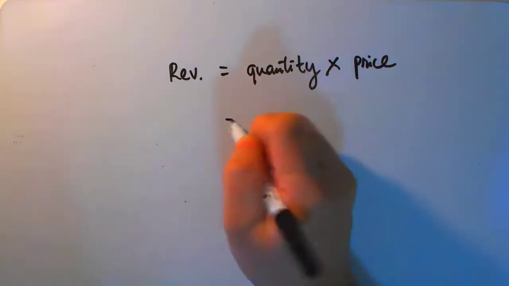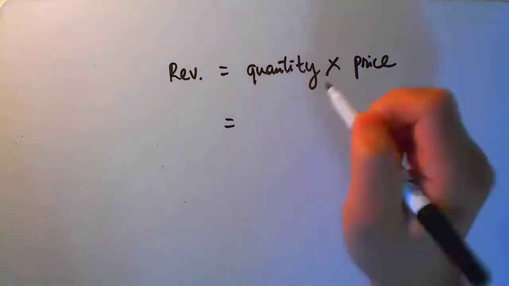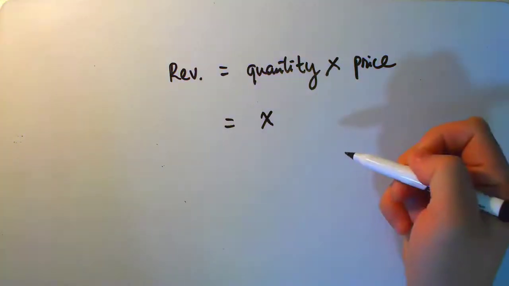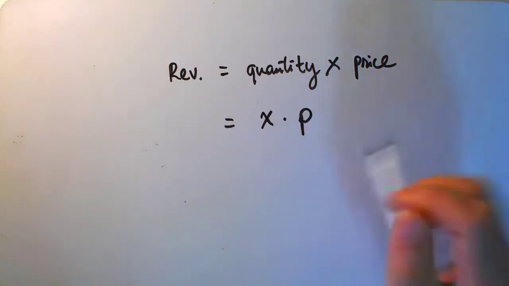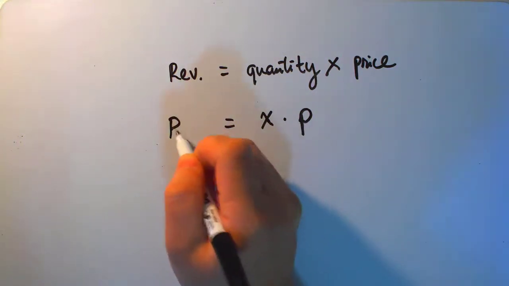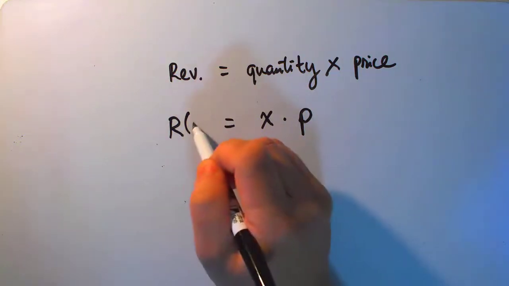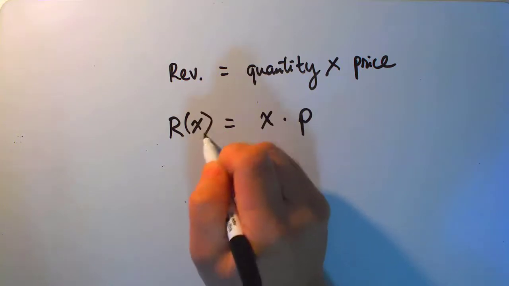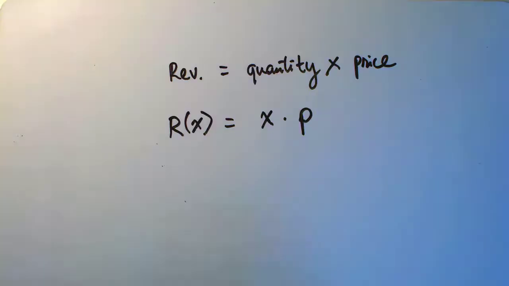This is perfectly an expression of a function. So the amount of revenue we make after selling X units can be regarded as a function R of X, depending on the quantity X.